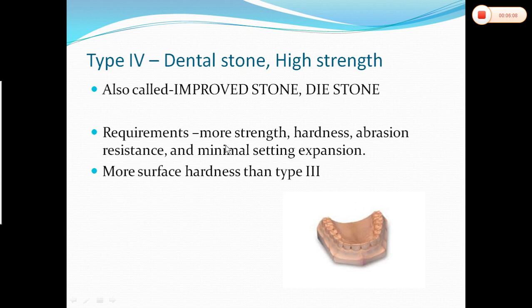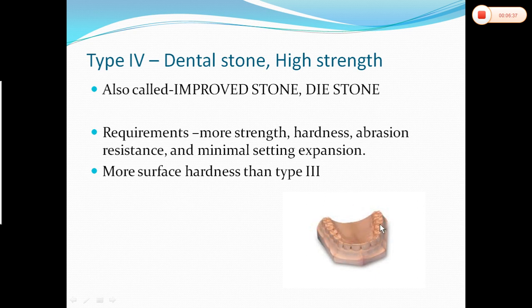Type 4 is also called improved stone or die stone. It is known as improved stone or die stone with high strength. It requires more strength or hardness, abrasion resistance, and minimal setting expansion. So the surface hardness of the die stone, or type 4 dental stone, will be more than the type 3 dental stone.